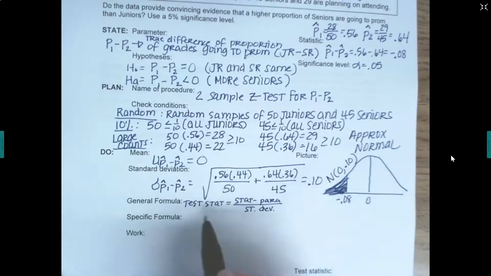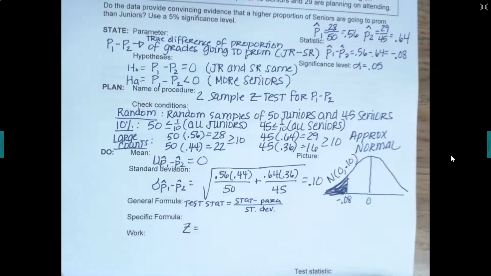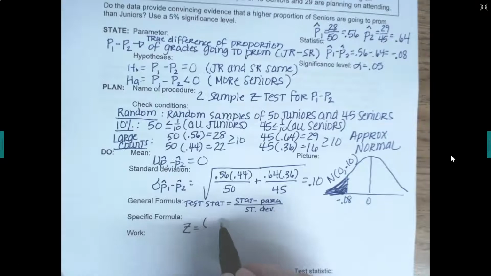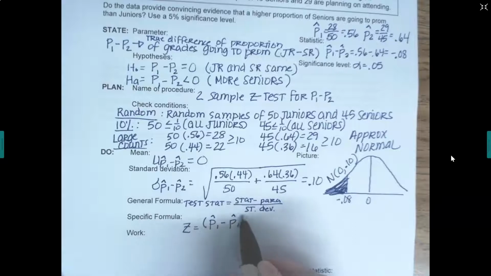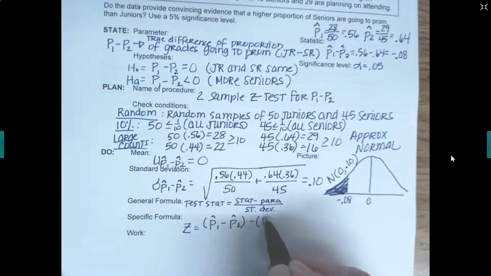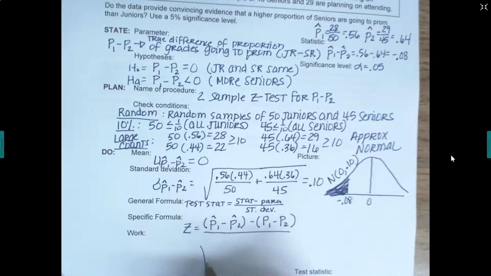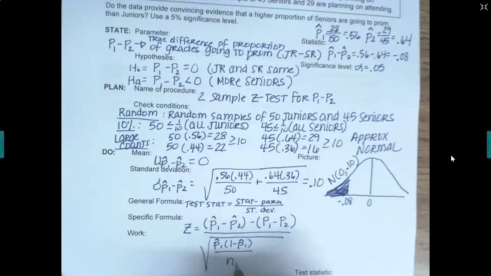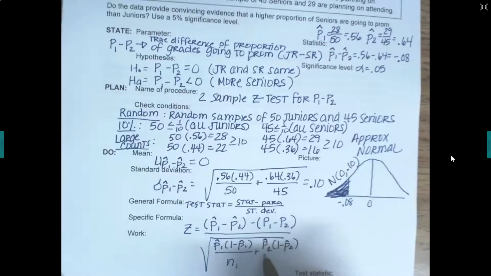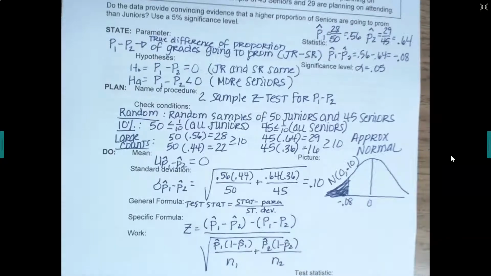So for us, the specific formula, what it's going to look like, where all the numbers come from, to get your z-score: you take whatever p-hat1 minus p-hat2 is, and you subtract p1 minus p2 from that, and it gets divided by this big old standard deviation formula of p-hat1 times 1 minus p-hat1 divided by n1, plus p-hat2 times 1 minus p-hat2 divided by the second sample size.